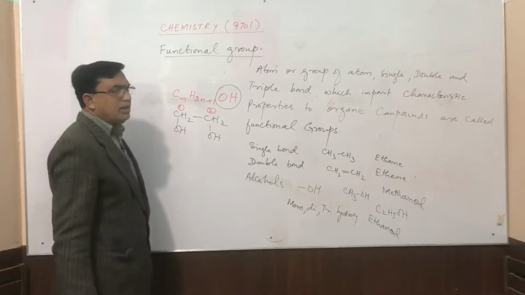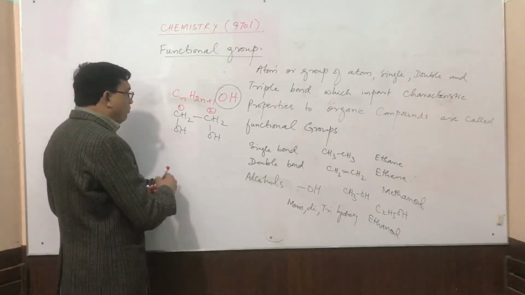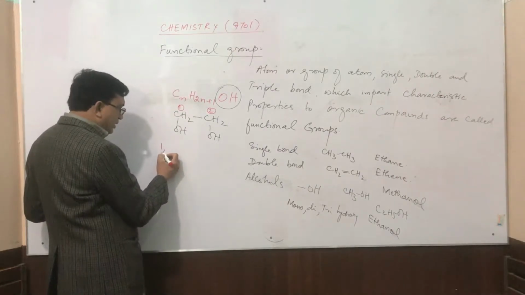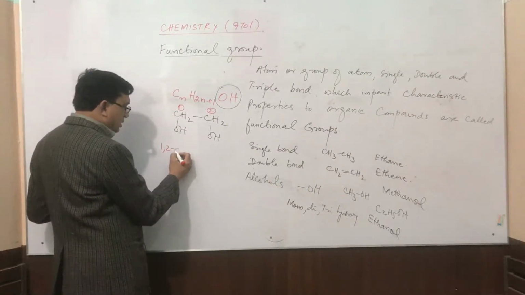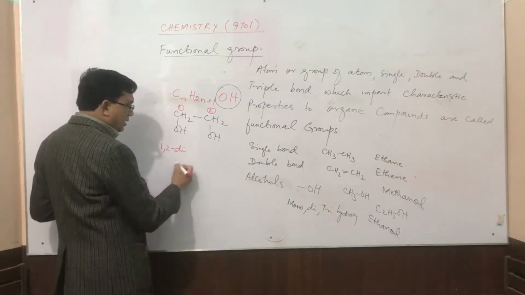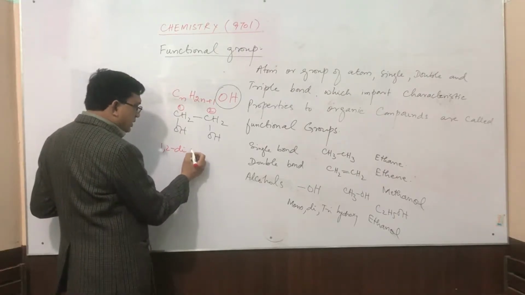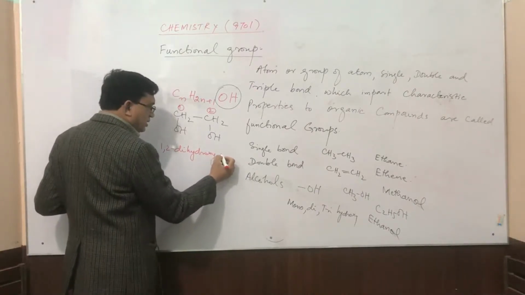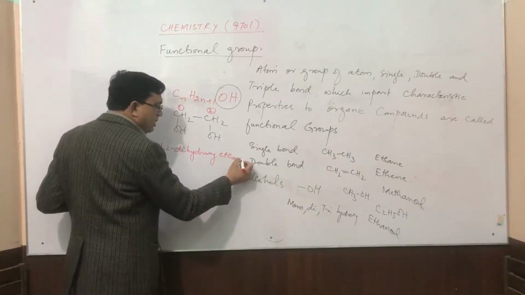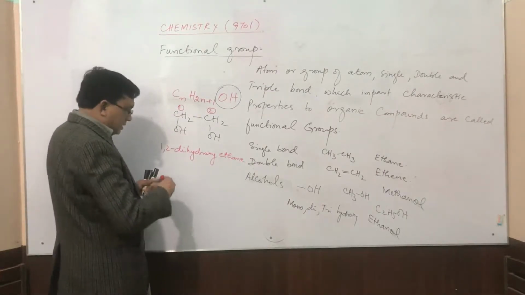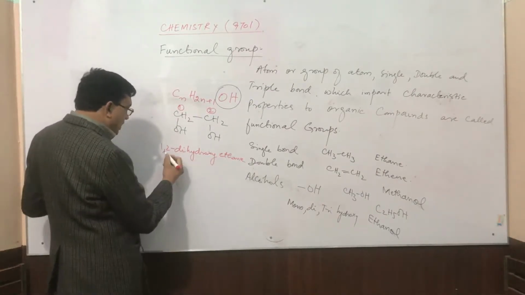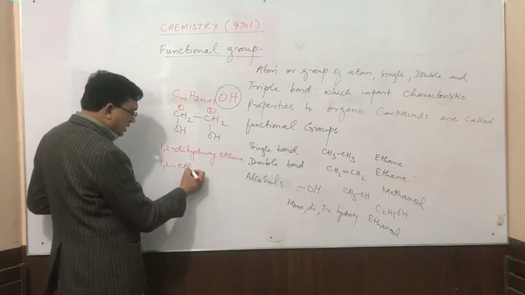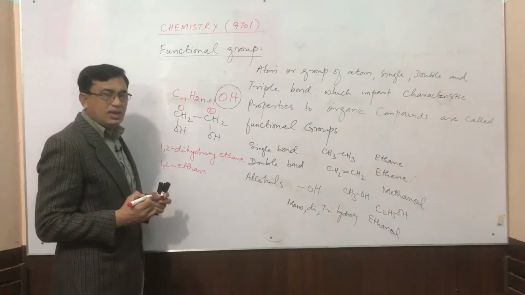Anyone can be assigned number 1 or number 2. But when we assign the numbers, we can write quite easily 1, 2, dihydroxyethane. It can be named as such, but this can also be named as 1,2-ethane.